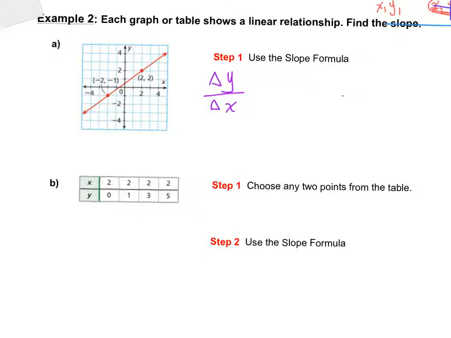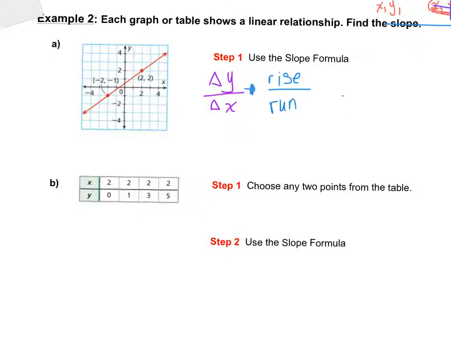It's how much you're changing vertically, because that's what the y value represents, the up and down movement. The numerator is the vertical movement, which is what we refer to as the rise, and the denominator is the horizontal movement, which we refer to as the run.